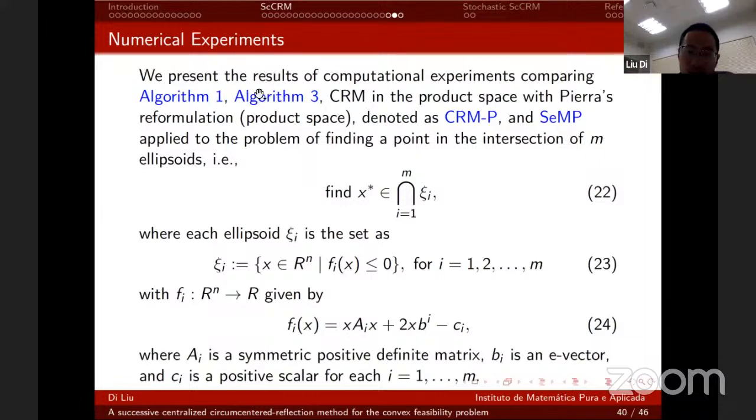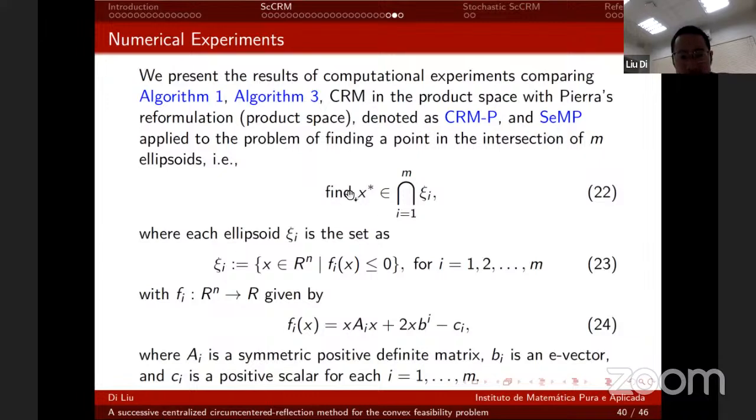In another way, I want to say algorithm 3 is much more practical, much cheaper than algorithm 2, because you just need to calculate the function value at point xk and choose the largest one, and then you can do the iteration. And also we compared with the CRM in product space and the sequential projection method.